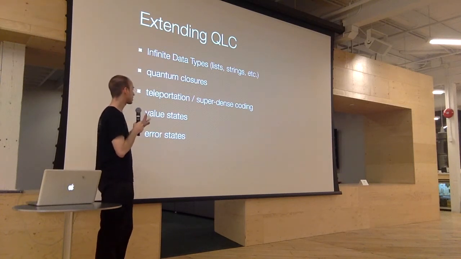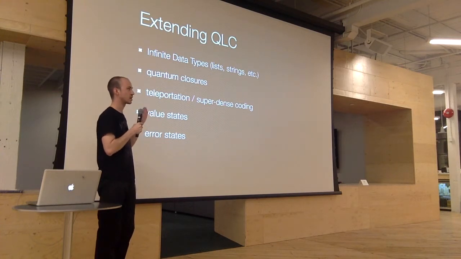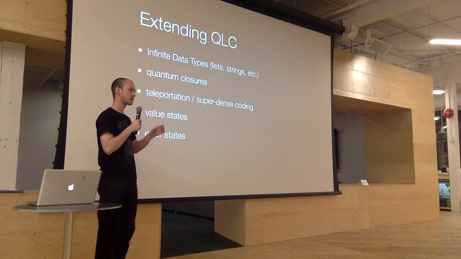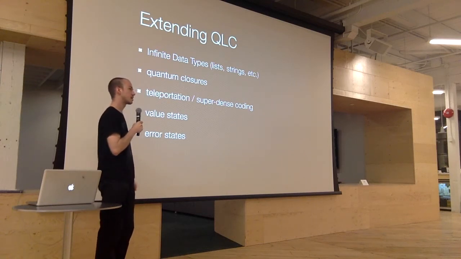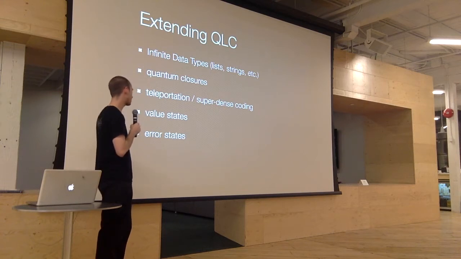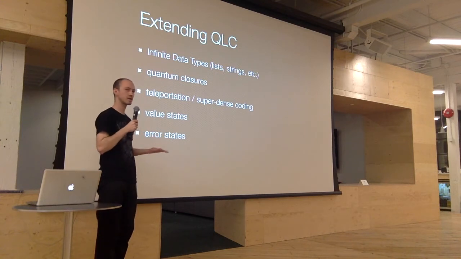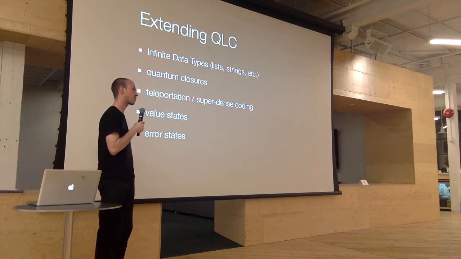So the value state is a very specific term for the expected classical value of a quantum register. And obviously you can't expect all of your quantum computations to be successful, so the paper also provides an extension to support error states, so that you can actually catch any errors and handle them properly.